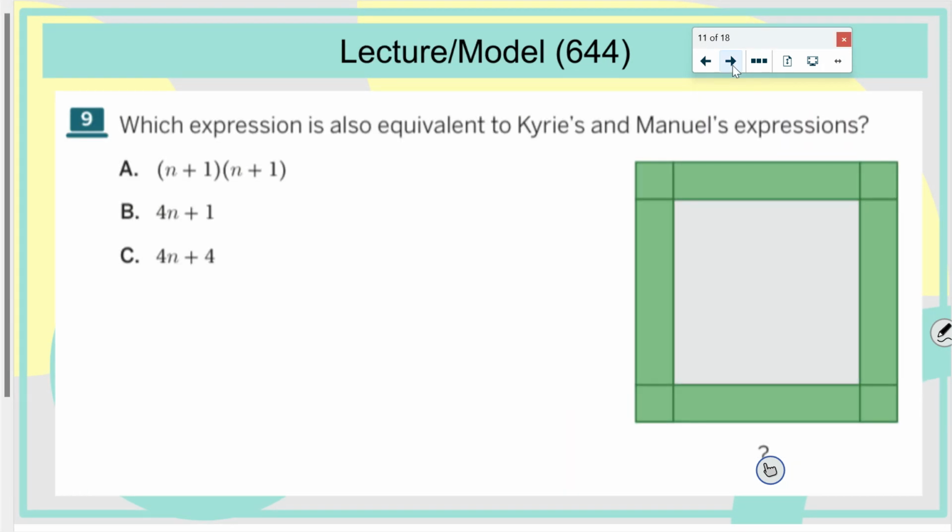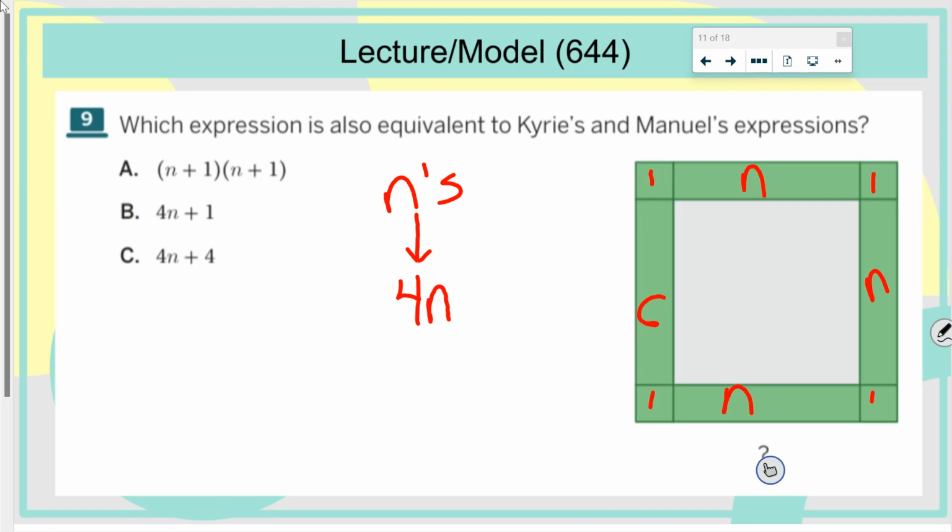Which expression is also equivalent to Kyrie's and Manuel's expression? All right, let's try to figure this out. So we've already talked about how each side length of the square is n, and then we have 4 additional units. So let's talk about our n's. We have 4 of them.